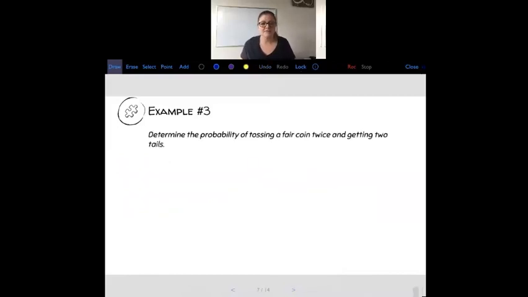Determine the probability of tossing a fair coin twice and getting 2 tails. So for this problem, it's a little bit easier to visualize what's happening here before we jump into event and outcomes. So when we toss a fair coin, let's list all of our possible ways. We could get heads first, and then heads again. So this is toss 1 and toss 2. We could get heads and then tails.